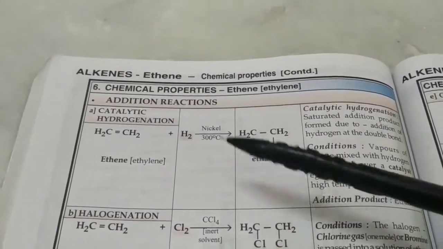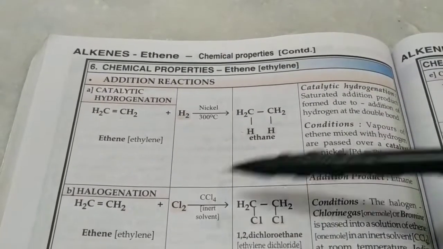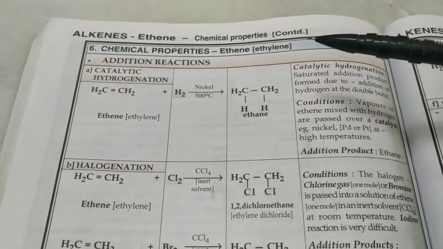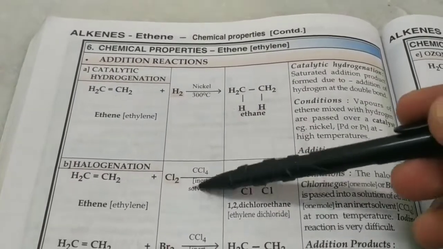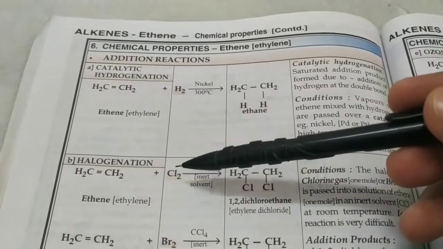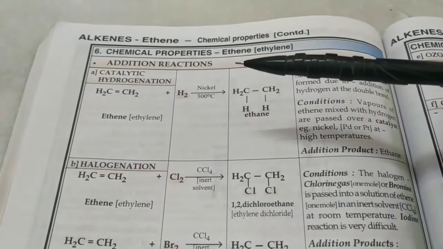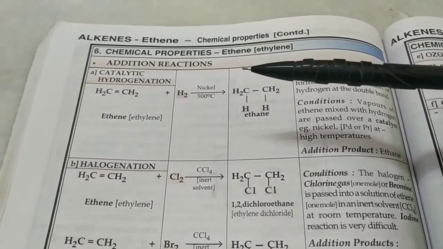What if instead of hydrogen, we add a halogen, like chlorine? It's called halogenation. And yes, addition of chlorine would also require an inert solvent. You know, for this addition, it should be dissolved, but organic compounds don't dissolve in water. So we need an organic solvent, because like dissolves like.